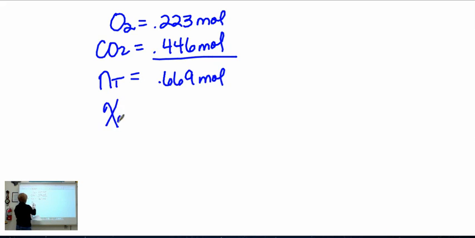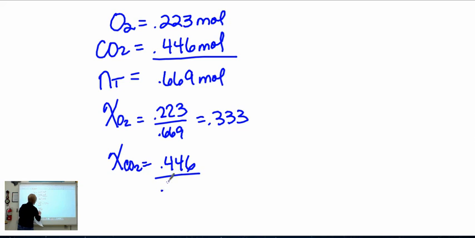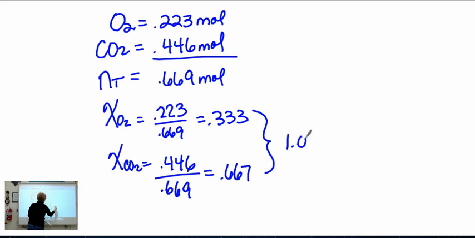So the mole fraction of O2 is 0.223 over 0.669, which is 0.333, and my mole fraction of CO2 is 0.446 over 0.669, which is 0.667. And you can see that they both add up to 1. Your mole fractions always add up to 1.